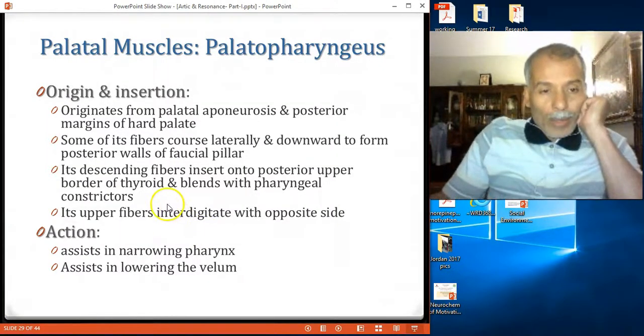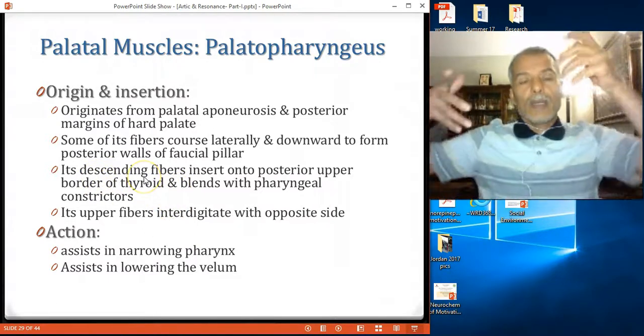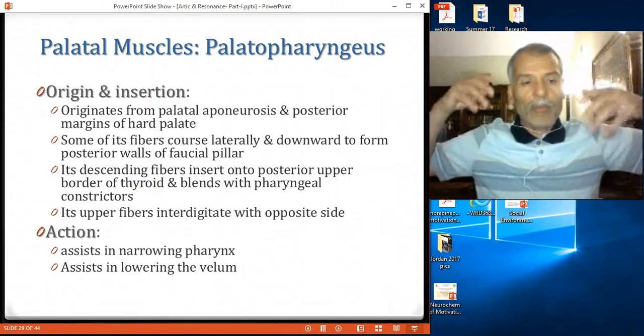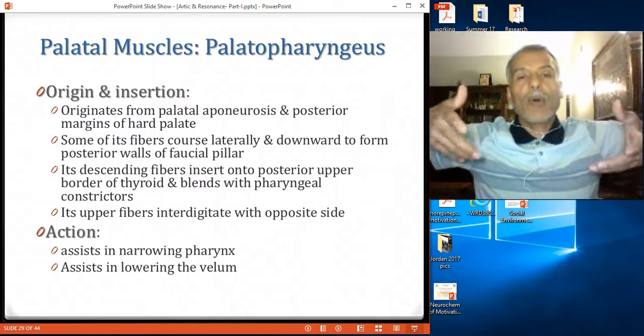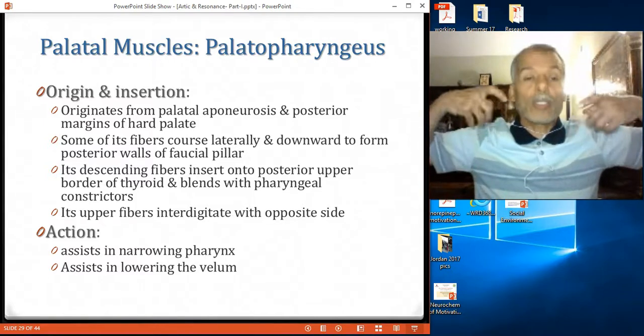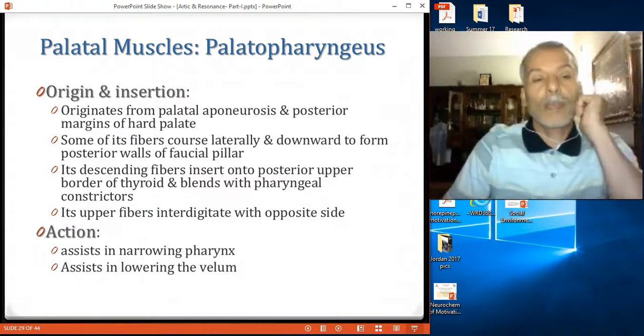So some of the fibers, as they go down to connect with the pharynx, connect onto the posterior and upper borders of the thyroid cartilage, and also blend with the pharyngeal constrictor muscles.